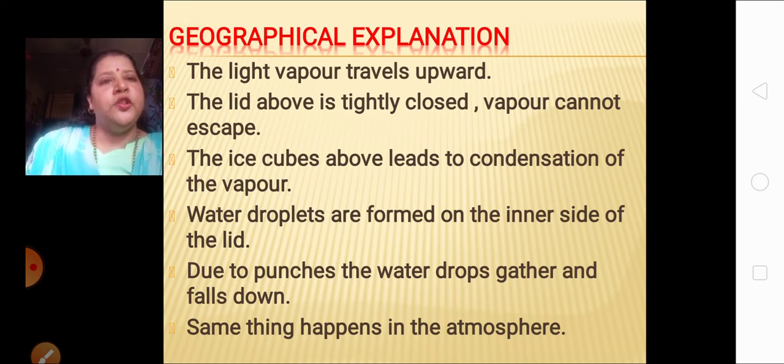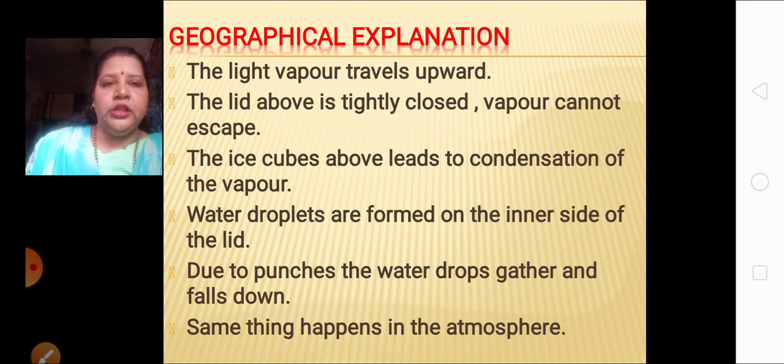Because of the ice cubes above the lid, and the vapors not being allowed to escape, what happens over here? The condensation of the vapors takes place. Because of the condensation, water droplets are formed on the inner side of the lid.